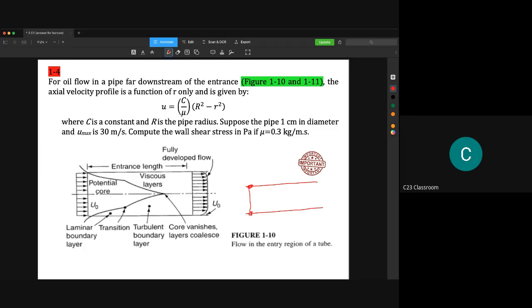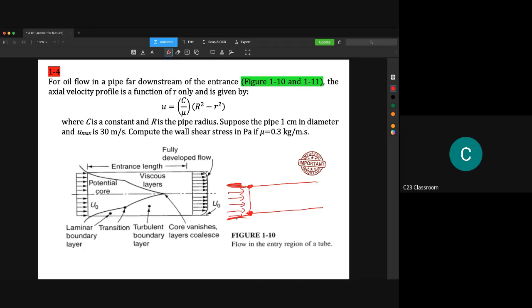It means the molecules here will stick very hard on the surface, and the velocity is 0, and then it will create a velocity distribution. However, at the entrance there is a transition region, because from here the velocity might be almost uniform since there is no resistance at the edge. Once it enters the pipe, it starts to feel the resistance.